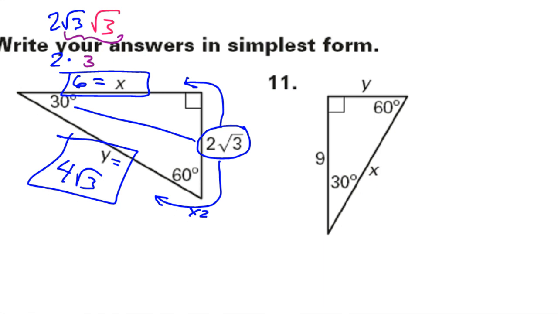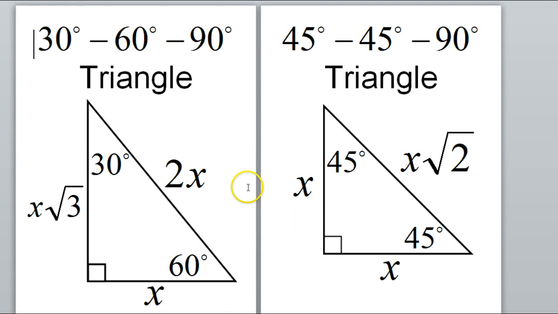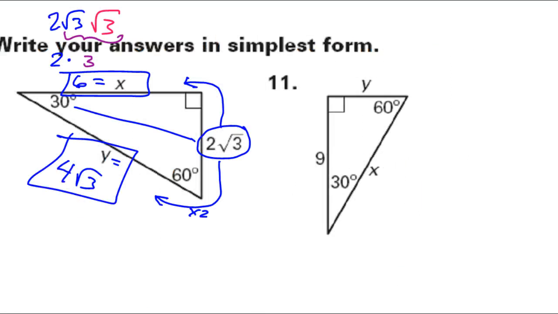Again, I'm going to use these symbols, but instead of x's, I'm going to use b's. So I'm going to go b, 2b, b radical 3. Same difference. I'm doing that to avoid the fact that they use x already in the problem. So I'm going to use b's instead.